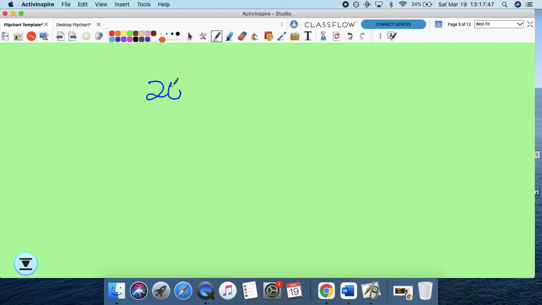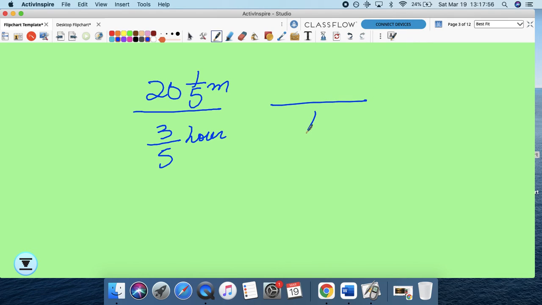Here we have 20 and 1/5 of a mile in 3/5 of an hour. What's the unit rate? So in 1 hour, how far? Times 5/3. And we get our unit rate.